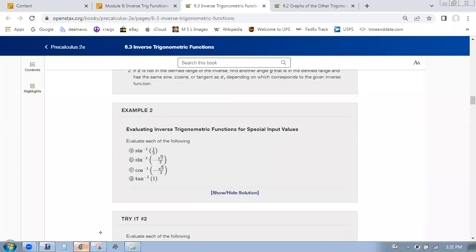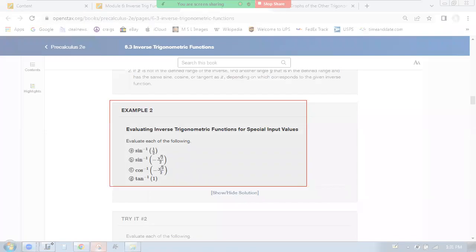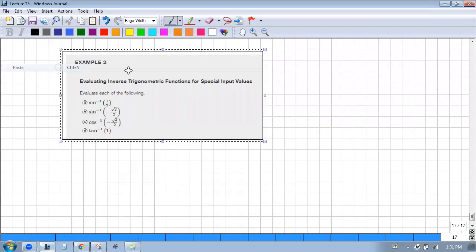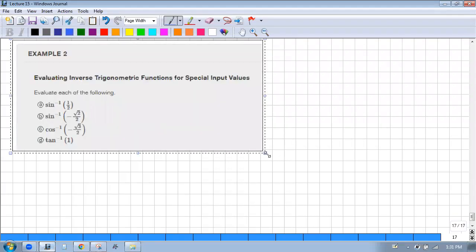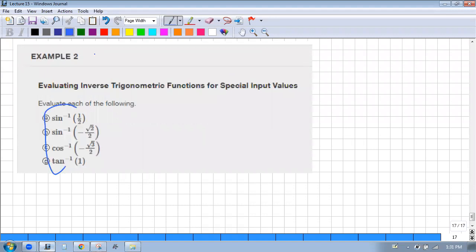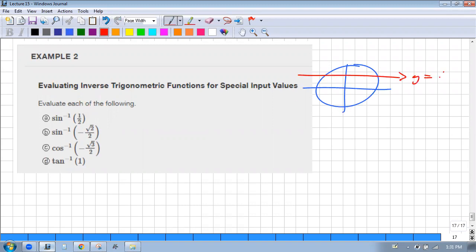All right, let's do some examples. So how do we do this backwards? Here we're looking at inverse functions. Sine is the y value on the unit circle, so if I'm doing this in my head, I think about the unit circle and treat it as a y coordinate. Here is the line y equals 1/2. Every single one of those points on that line has a y value of 1/2.